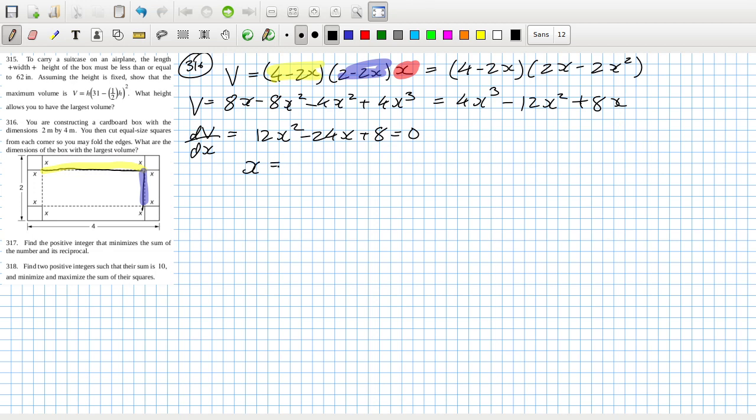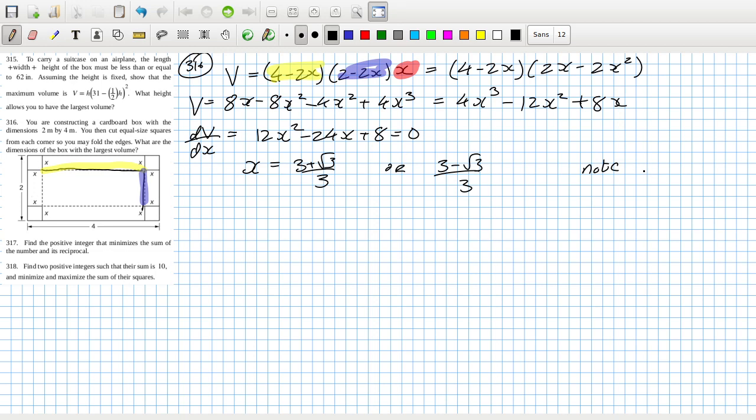So x will equal 3 plus root 3 over 3, or 3 minus root 3 over 3. Now, do both answers make sense here? We need to note that we can't cut off more than 2.